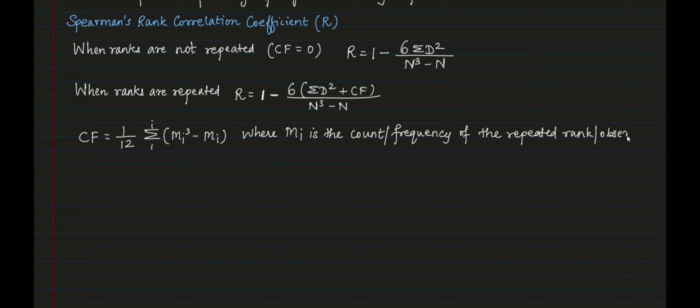I repeat, m i is the count or frequency of the repeated rank or observation. It should not be the same as the repeated rank or observation. It is the count or the frequency.